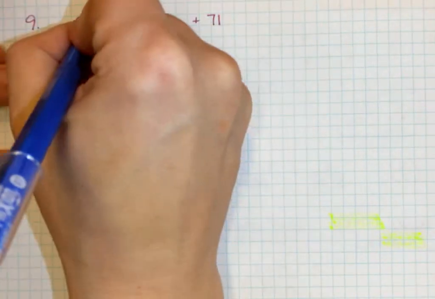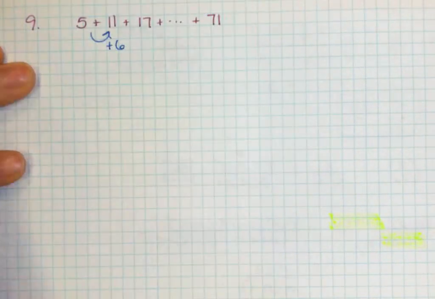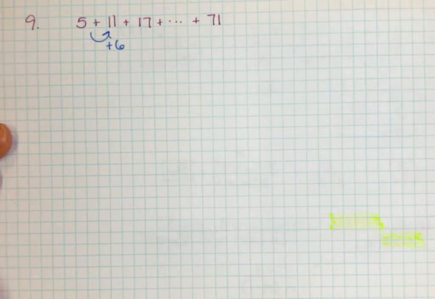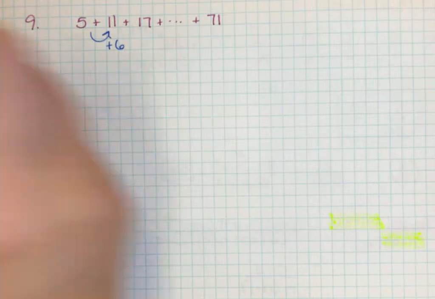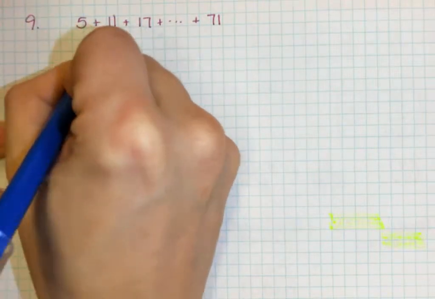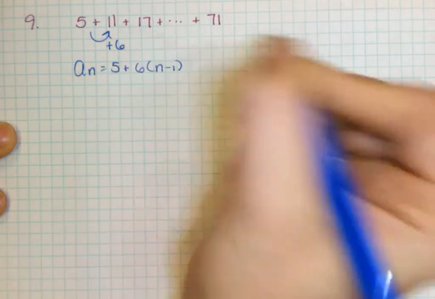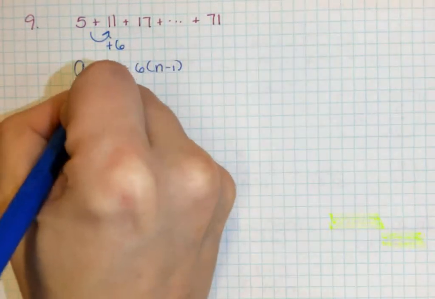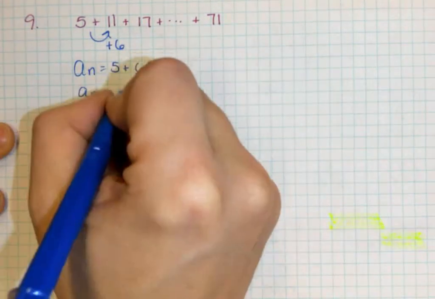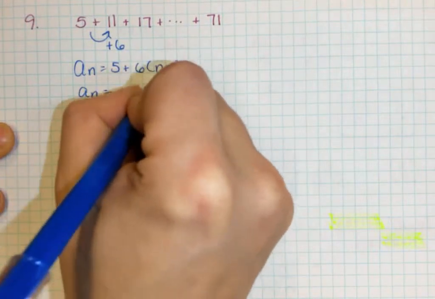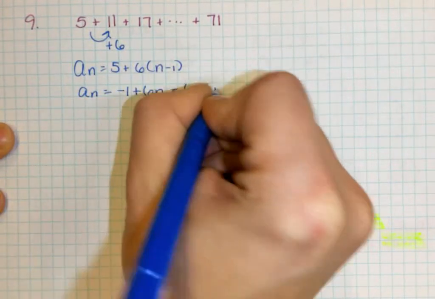Add 6. And when we add 6, what kind of a sequence or series is it? Arithmetic. So you can say the nth term is the first term plus 6 times n minus 1 and get -1 plus 6n or 6n minus 1.